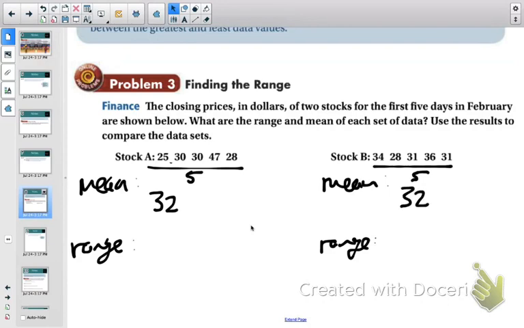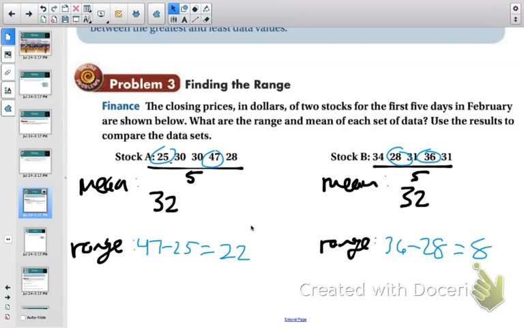Now we can find the range, which is the biggest number, subtract the smallest number. So our biggest number here is 47, smallest is 25. 47 subtract 25 gives us 22, so that's your range. This one is going to be 36 and 28. 36 subtract 28 is 8. So they both have the same mean.